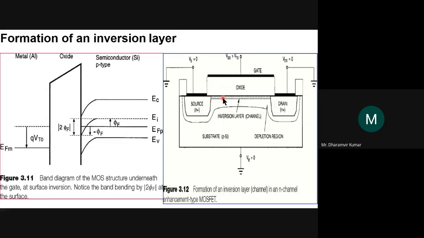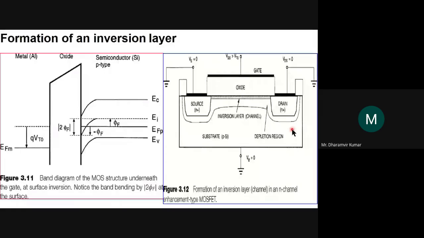The inversion layer consists of the minority charge carriers, which in this case are free electrons, because electrons are the minority charge carriers in a p-type semiconductor, and this is a p-type substrate. So this is how it will look in the case of a complete MOSFET device.